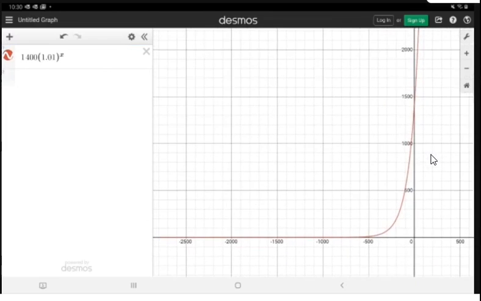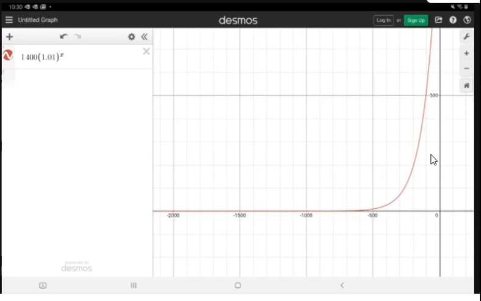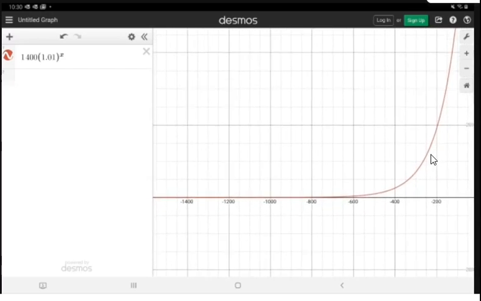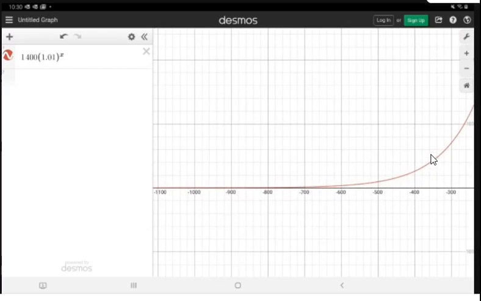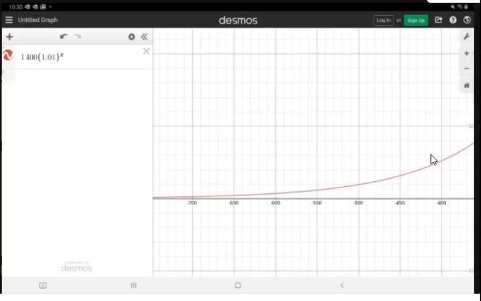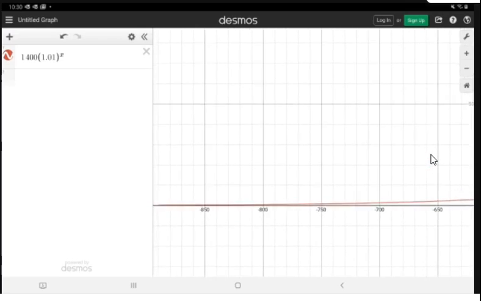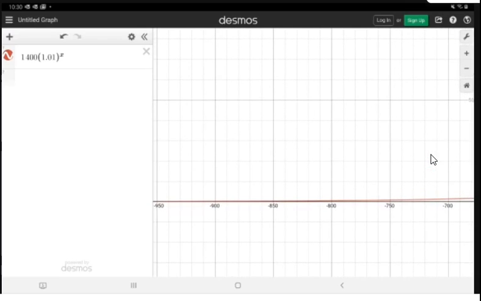One of the other things we talk about a lot with exponential functions is our asymptote. Remember, the asymptote is a horizontal line that our function is getting really, really close to. So look here, our function is getting really, really close to this line. Any thoughts about what that line is? That's our axis.